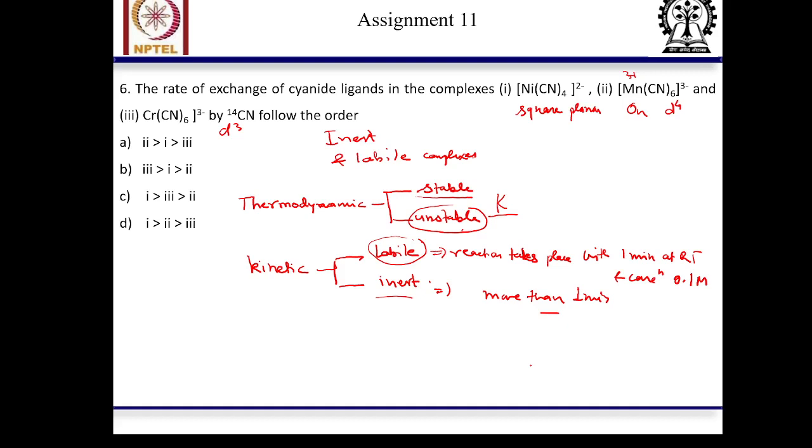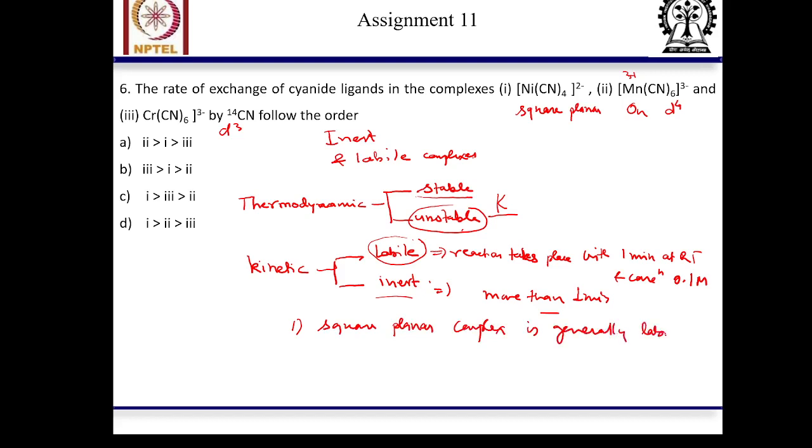Now if you want to answer this question, first thing you know is that square planar complexes are generally labile.